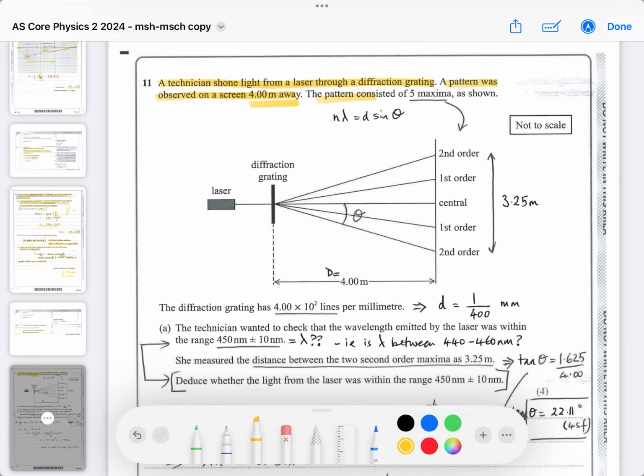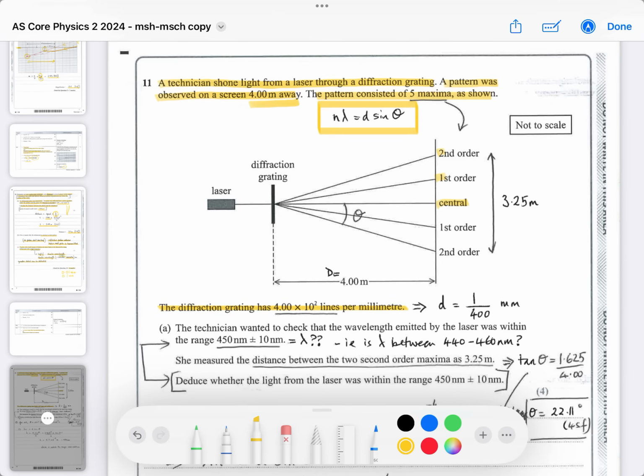The pattern consists of 5 maxima as shown: the central one, first order on each side, and second order on each side. We know the diffraction grating equation is n lambda equals d sine theta, where 1 and 2 are the n. And they say the diffraction grating has this many lines per millimeter.